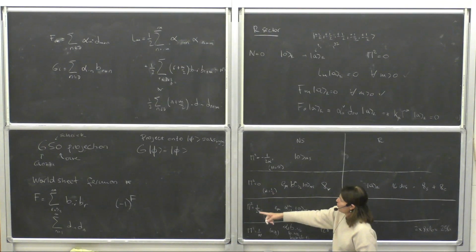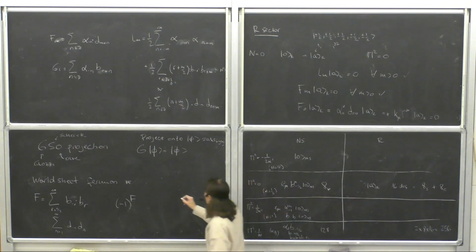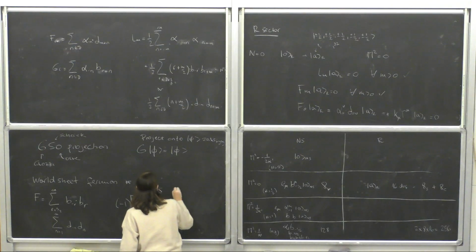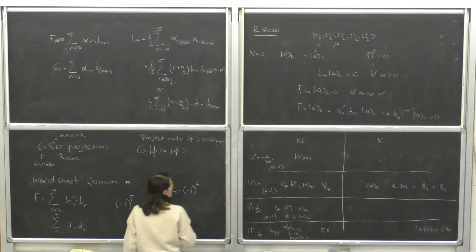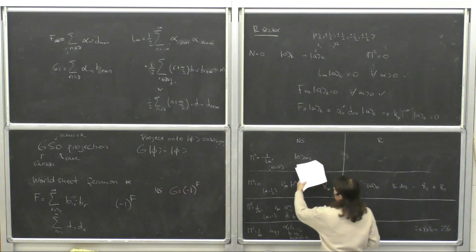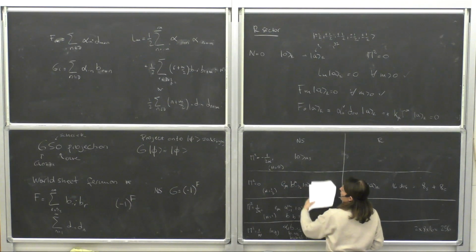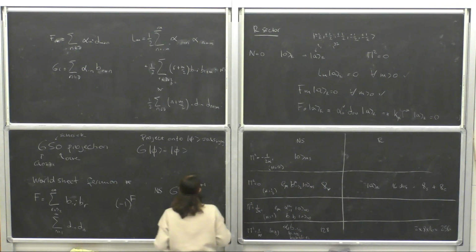So this is the operator that I have to put in our projection. In the NS sector, this G is (-1)^F. But actually, I want to kill the state that has F equals 0. So F equals 0, I want it to be odd under this projection. So what I do is (-1)^(F+1).